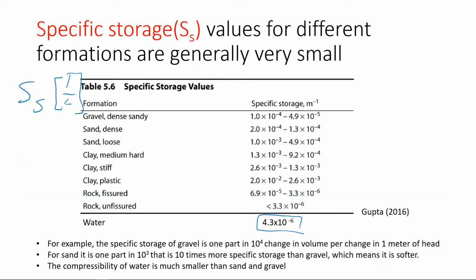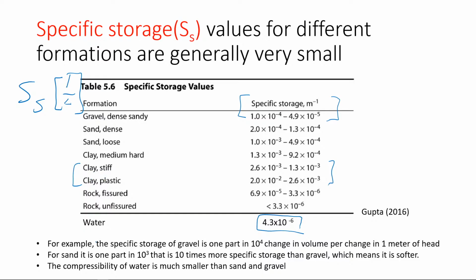If you did this, you would get a small number. But for most rock, gravel and dense sand have a lower specific storage compared to, for example, clay. The specific storage of sand and gravel is less than that of clay and silt.